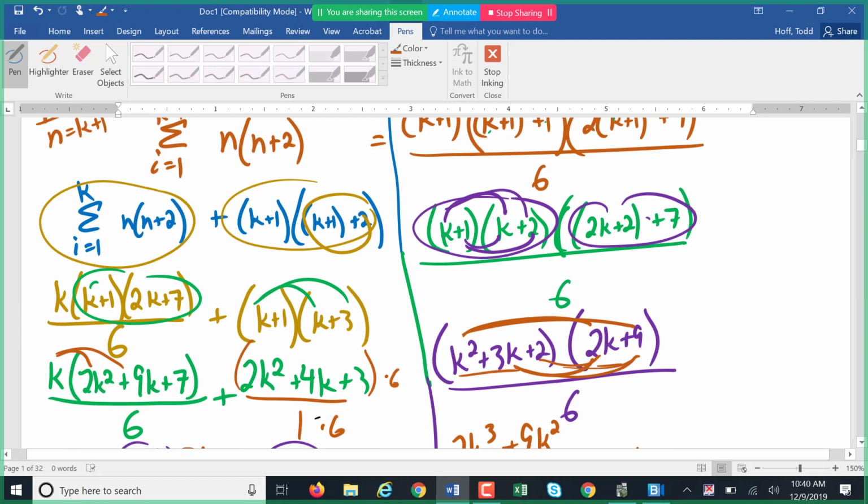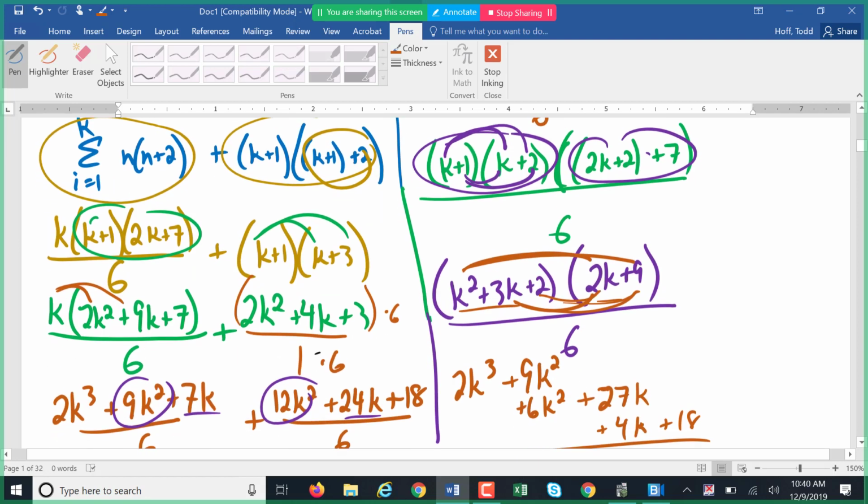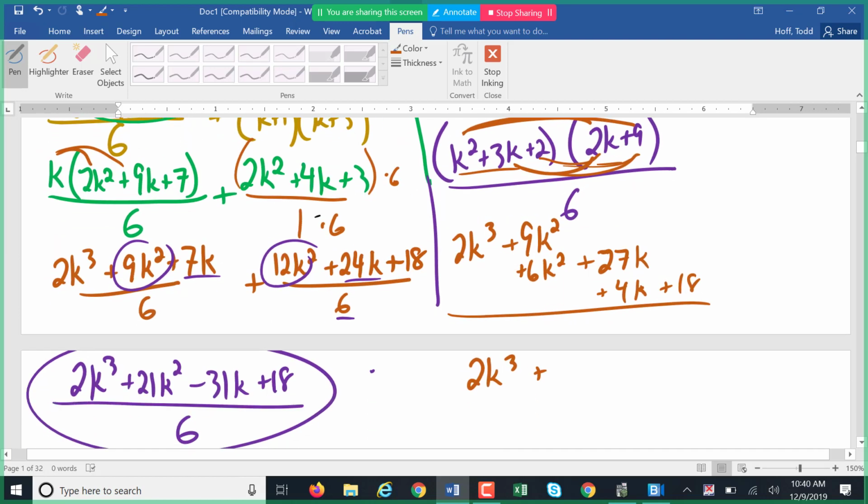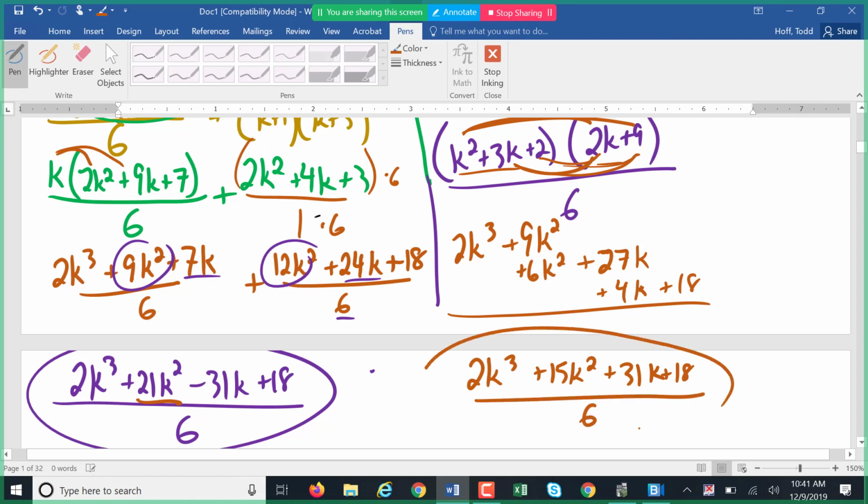See, I missed a k somewhere. Something isn't quite working out right here because I should be getting 21k squared here, and I am currently getting 15k squared. But we'll come back and look at that in just a second. So 27k plus 4k is 31k plus 18. My k looks horrible there. Over 6.